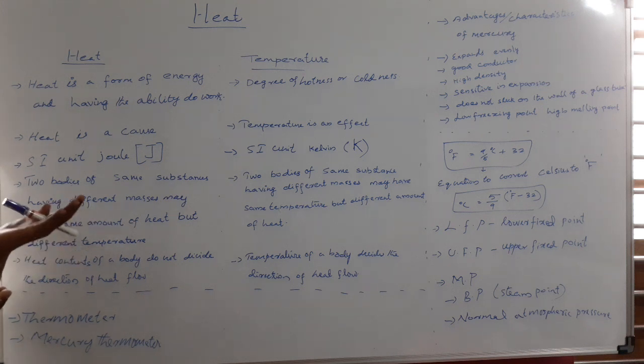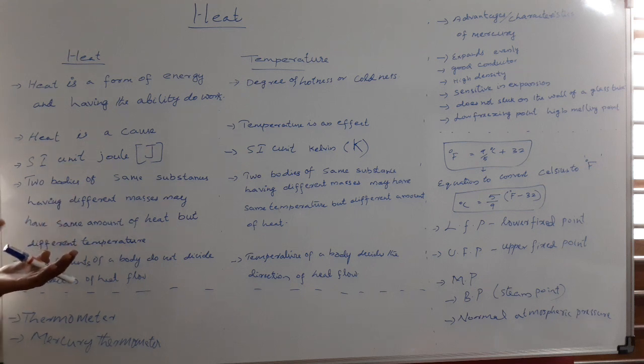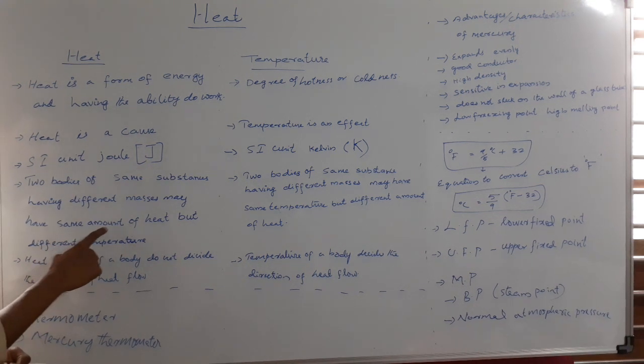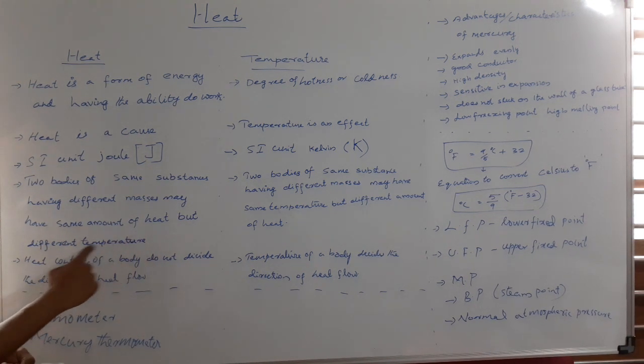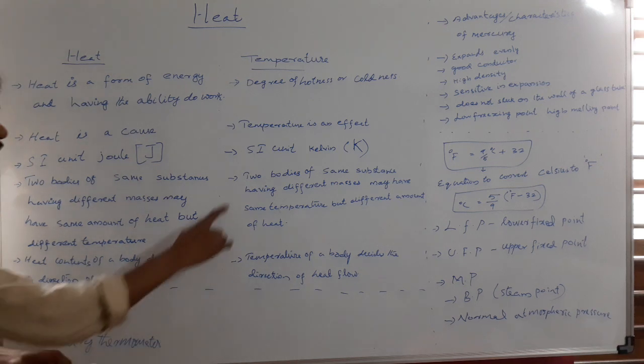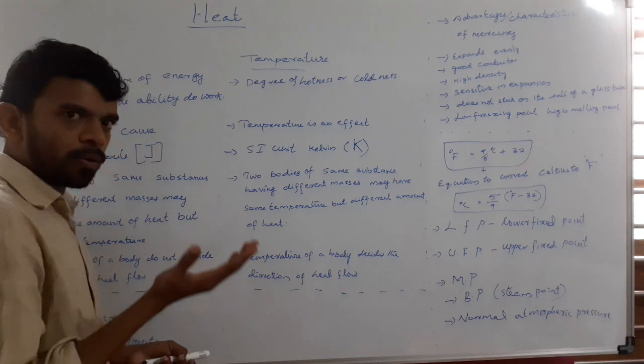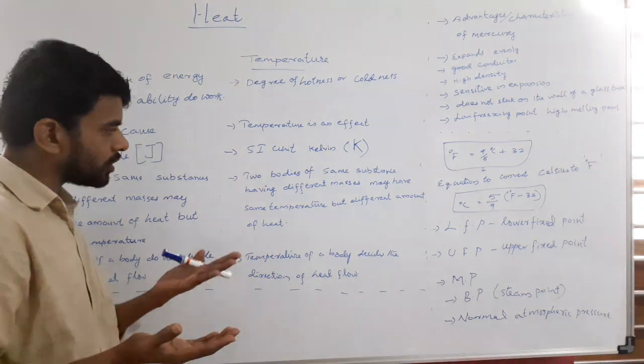Since here it is 2 kilogram of water and here 1 kilogram, the 1 kilogram of water may have a higher temperature and this a lower temperature, so the temperature is different, but they may have the same amount of heat.